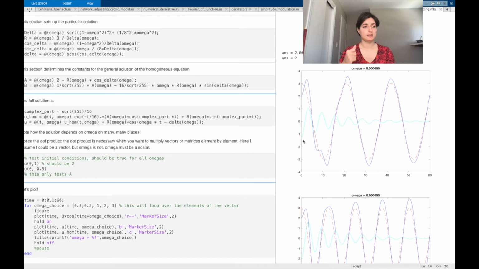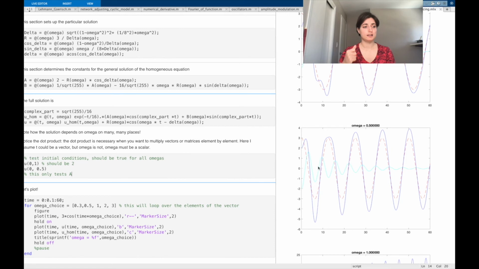So for omega equal to 0.3, you see in cyan the homogeneous solution that will roughly always look the same. The only thing that is changing is the coefficients. The forcing term, that is this red dashed line, and the solution that you see start oscillating at the same speed as the forcing term, disregarding the frequency of the homogeneous solution.